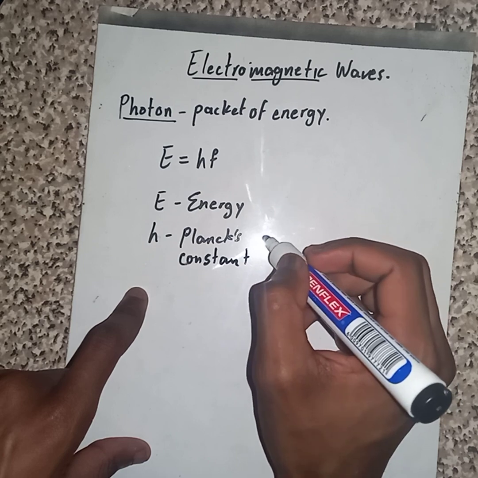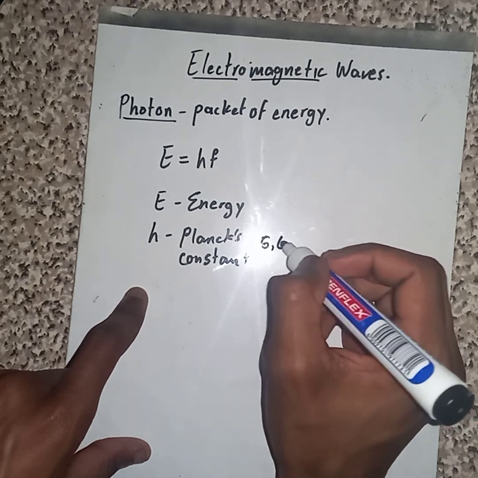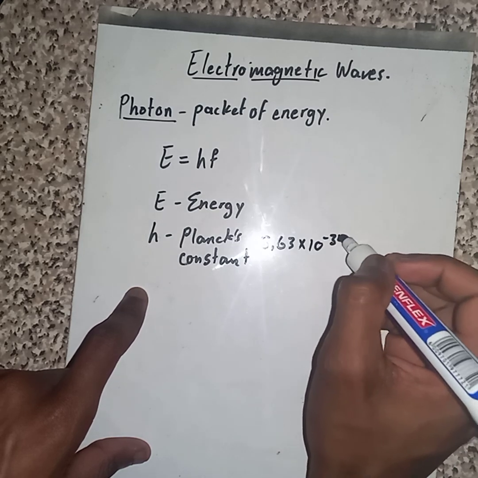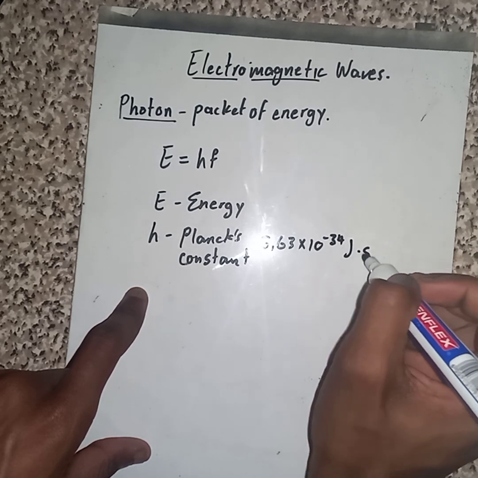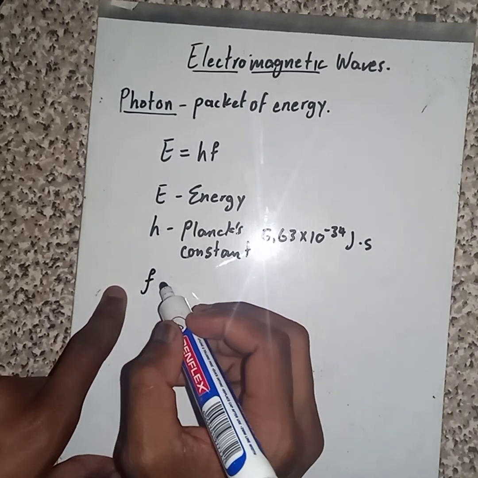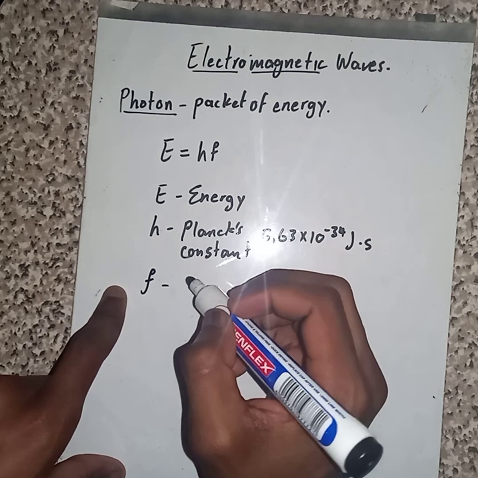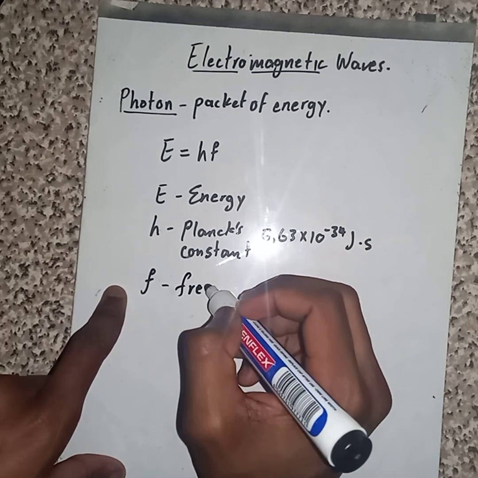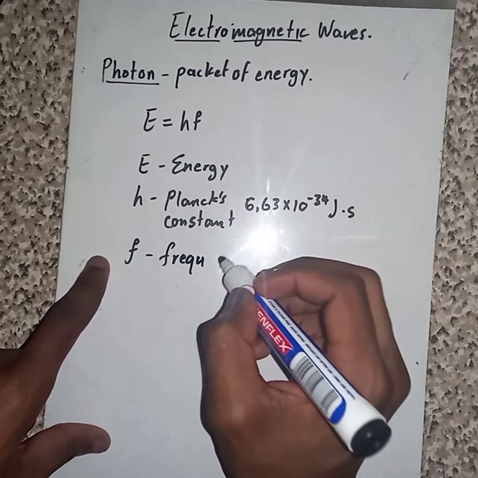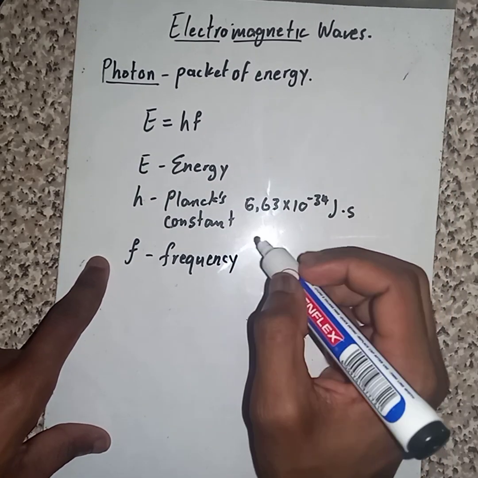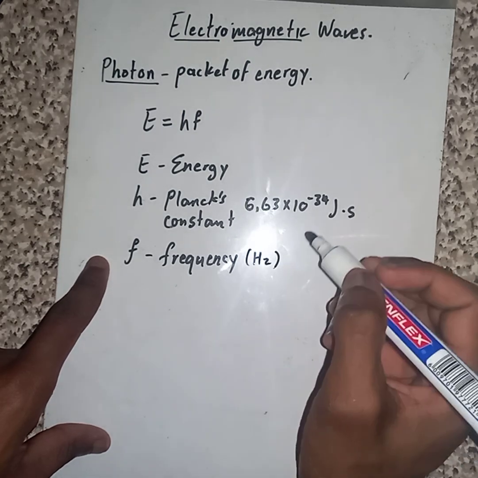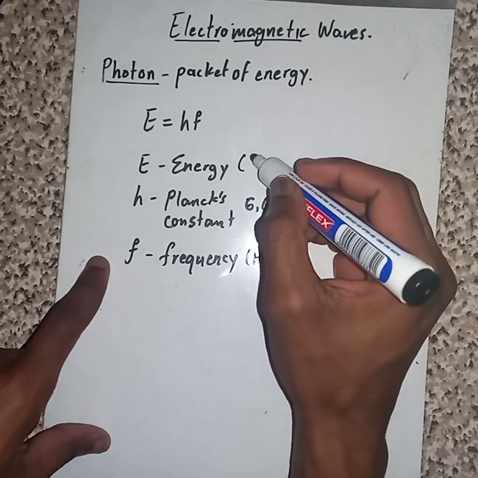It is always equal to 6.63 times 10 to the power minus 34 joule seconds. Then we also have the frequency, which is measured in hertz. Energy is measured in joules.